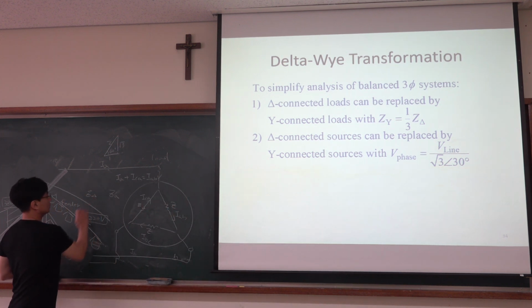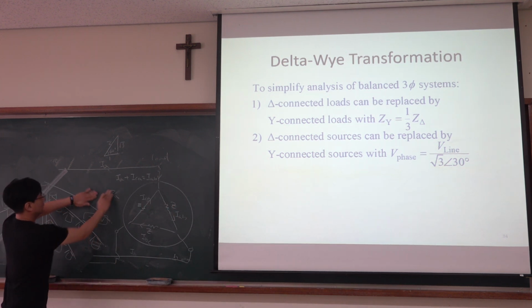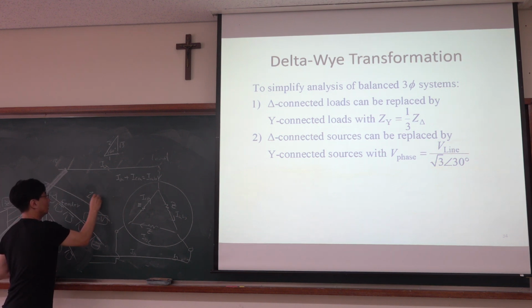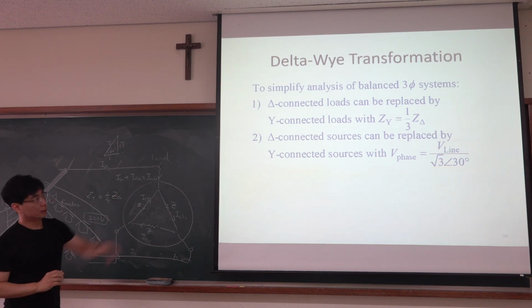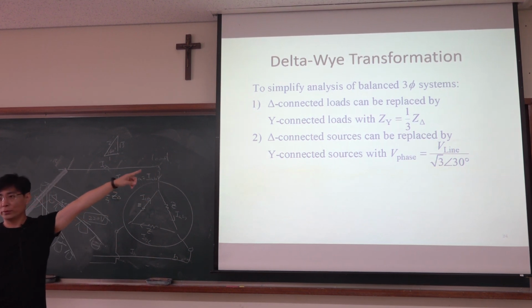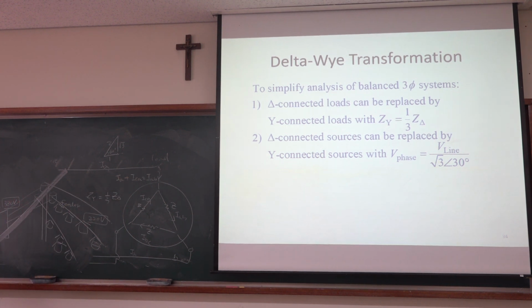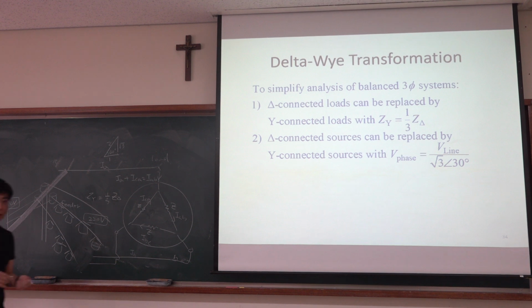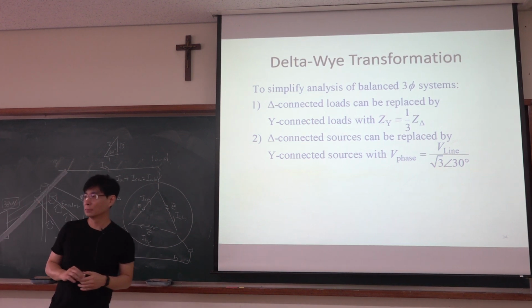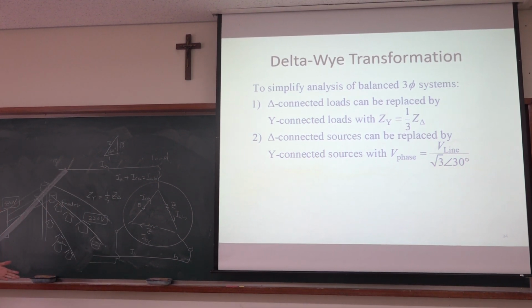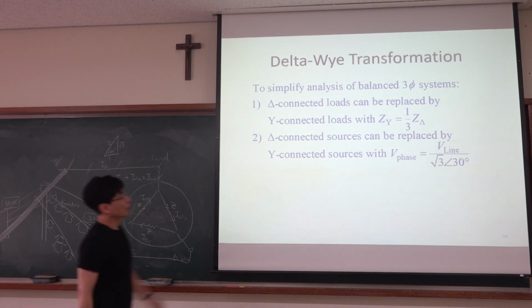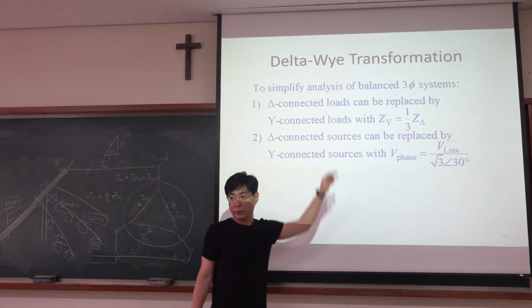Z_Y is 1/3 of Z_delta. This is the result, but you should derive that. Check the textbook. By Thursday, this is Tuesday, by Thursday, I don't want to derive that for you.